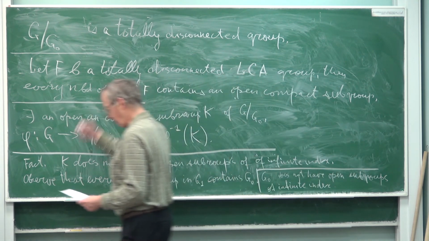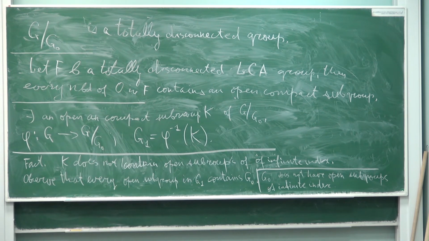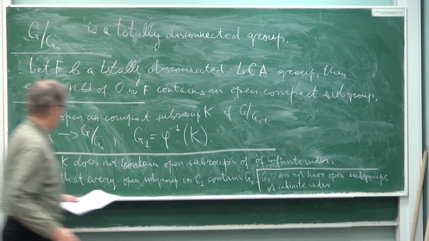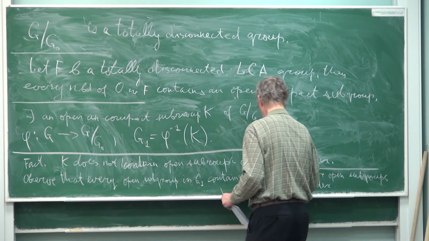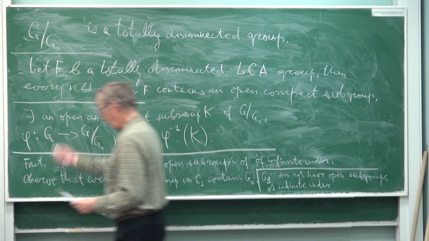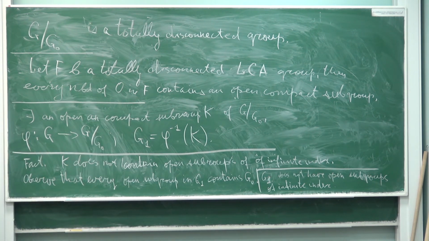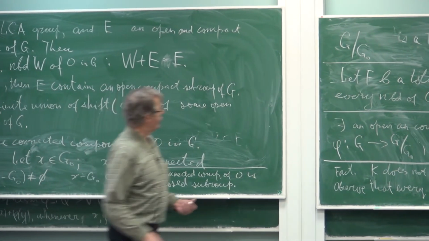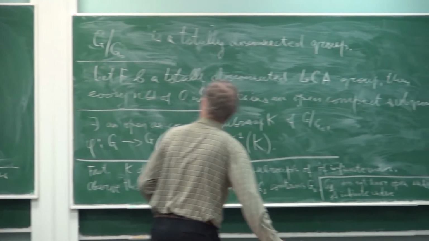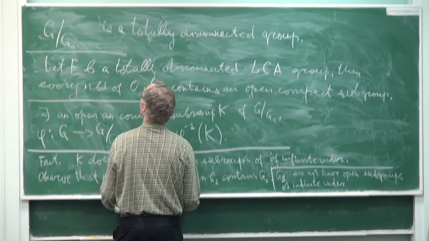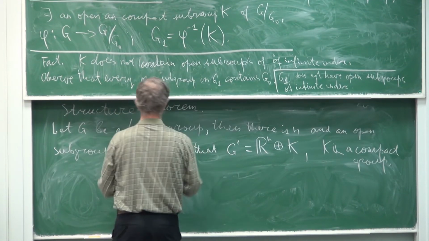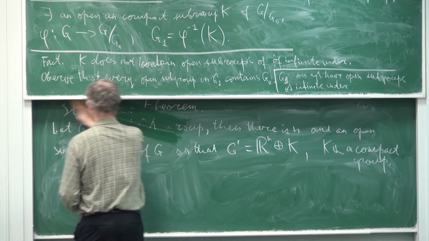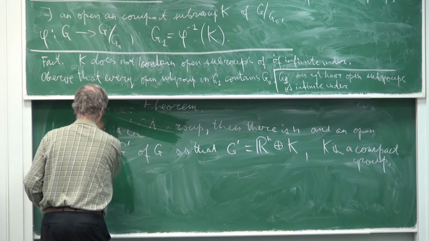This property passes from K to its inverse image. Now, what to do? Let me erase the statement once again.